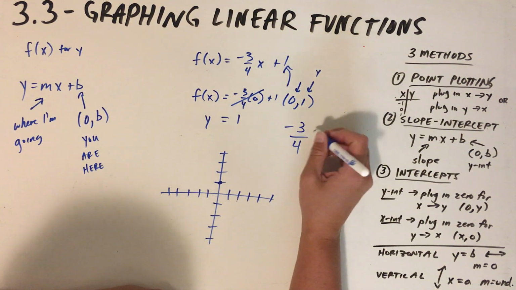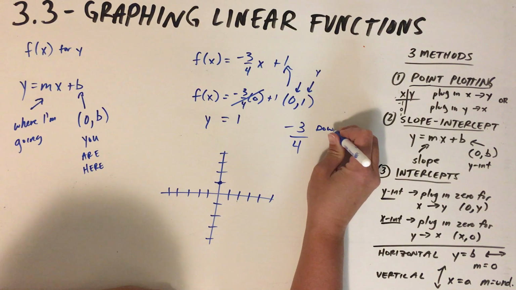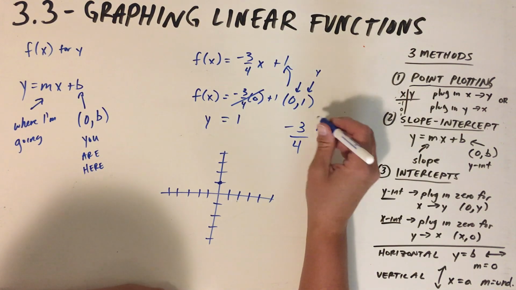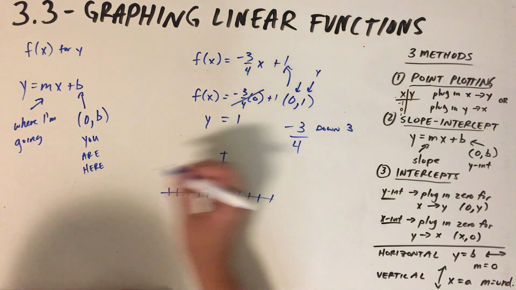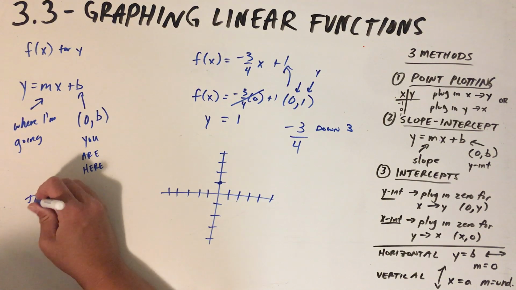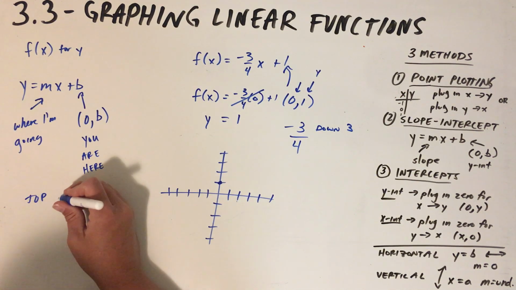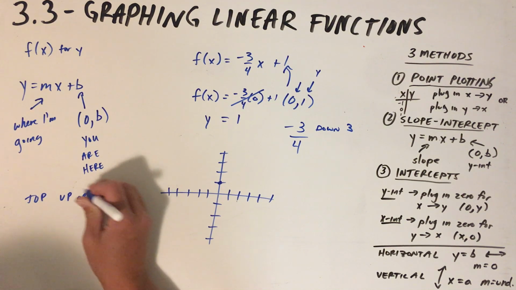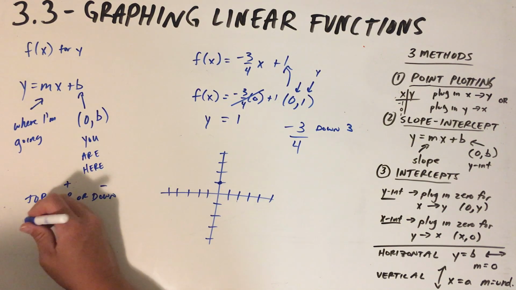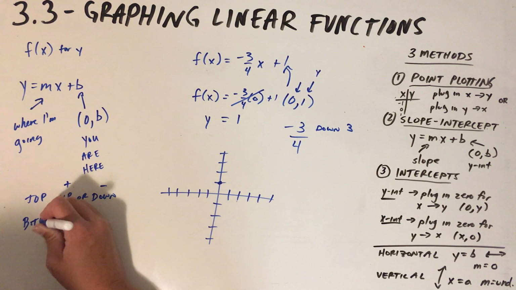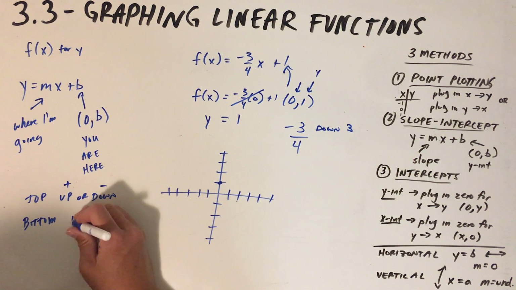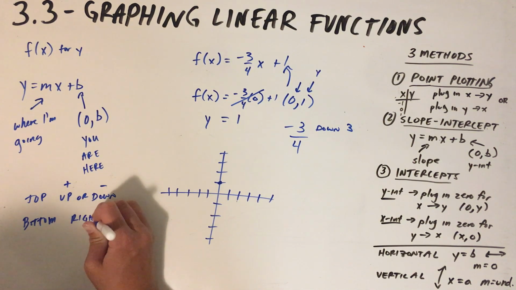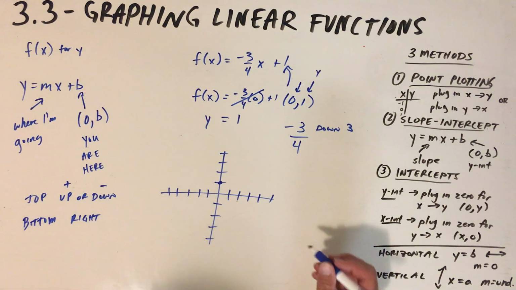Well, this means down 3. So this top number always tells you up and down. The top always says up or down. If it's positive, you go up. If it's negative, you go down. And the bottom, you just always think of it as right. And we'll talk more about slope again in the next section.